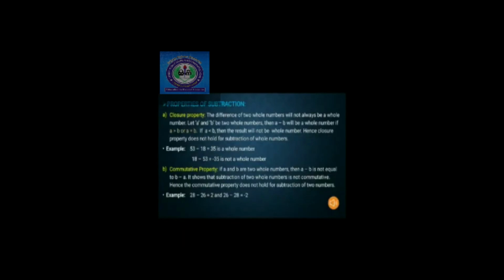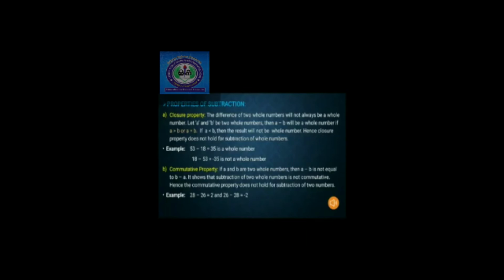Dear students, now let's discuss the properties of subtraction. Closure property. The difference of two whole numbers will not always be a whole number. Or you can say, we can subtract only a smaller whole number from a greater whole number. That means we cannot get a whole number if we subtract a greater whole number from a smaller whole number. Let a and b be two whole numbers.